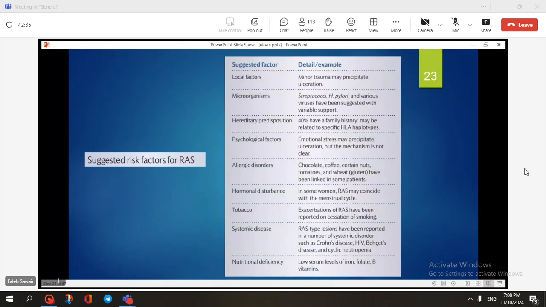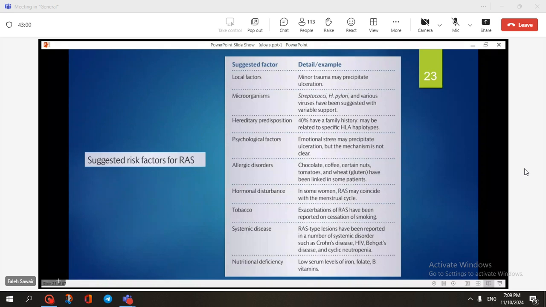So as a routine, usually what we do in our clinics, once we have patients with aphthous ulcers, we do a routine checkup. We ask for CBC, serum ferritin, folate, B12 to exclude the deficiency of any of these factors.